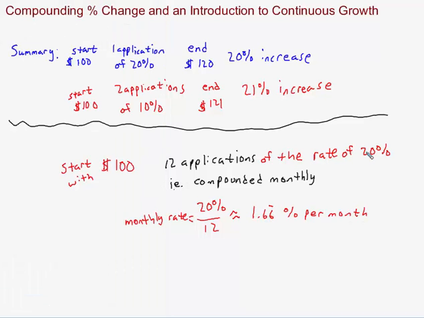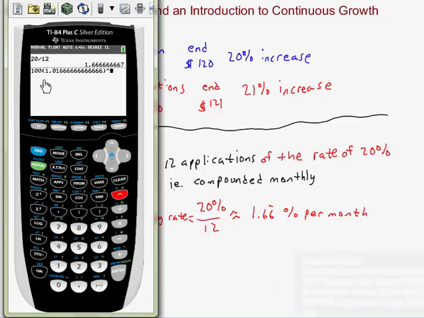So rather than giving me 20% at the end of the year, or 10% every 6 months, what they're going to give me is 1 2/3%, but they're going to be doing it every month. So it turns out that if you start with $100 and you increase it by only 1.6666%, remember, if you ignore the 1 and move the decimal over twice, you would notice that this increases your value by 1 2/3%, and we're going to do this every month, but we're going to do it for 12 months.